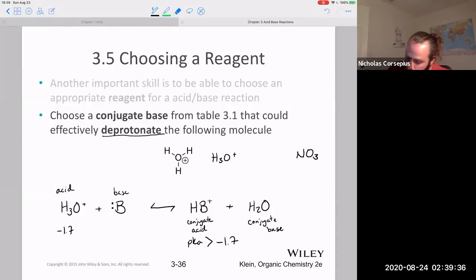I'm going to get rid of that proton and put a negative charge on there. So the weakest base that I could use to accomplish this would be NO3-, or the nitrate ion. And then I could replace my conjugate acid with HNO3, which has a pKa of, what was it?